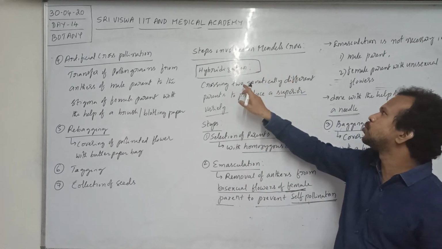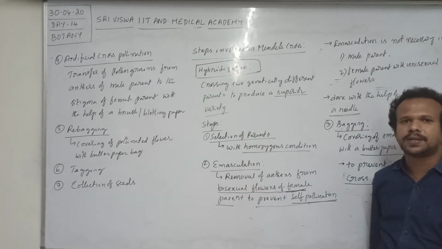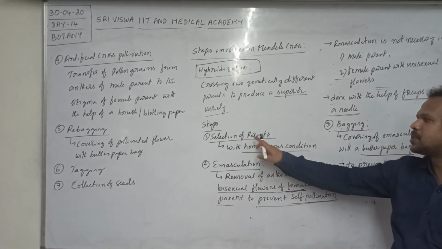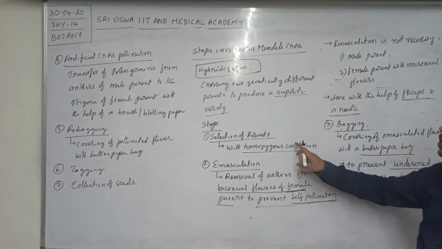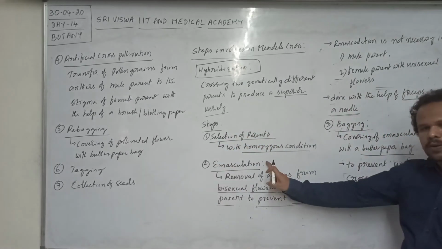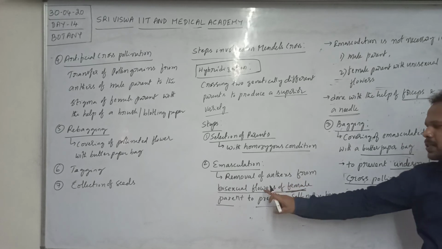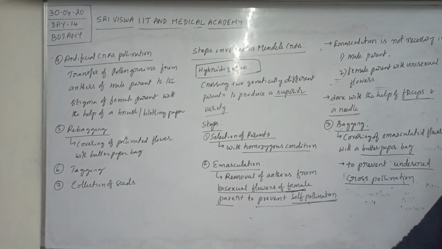Hybridization means crossing two genetically different parents to produce a superior variety. Important steps: selection of the parents, where organisms with homozygous condition are used as parents. Emasculation, removal of anthers from bisexual flowers of the female parent to prevent self-pollination.